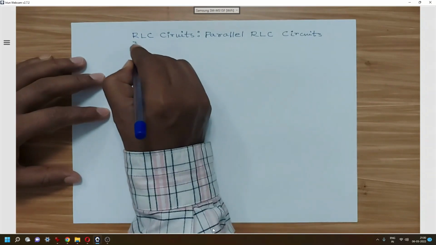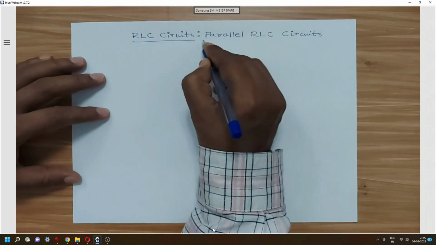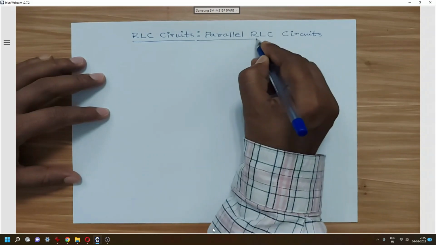So we will discuss about the parallel RLC circuits.